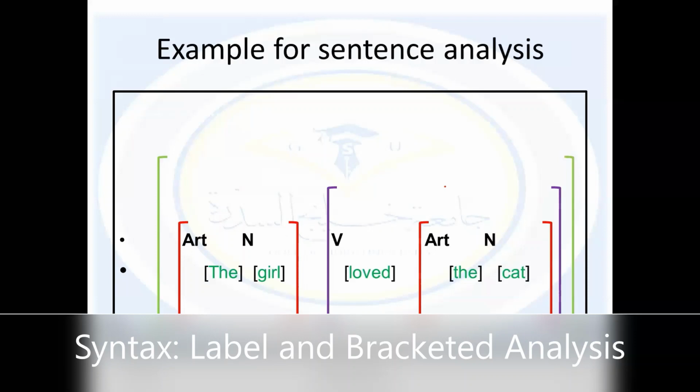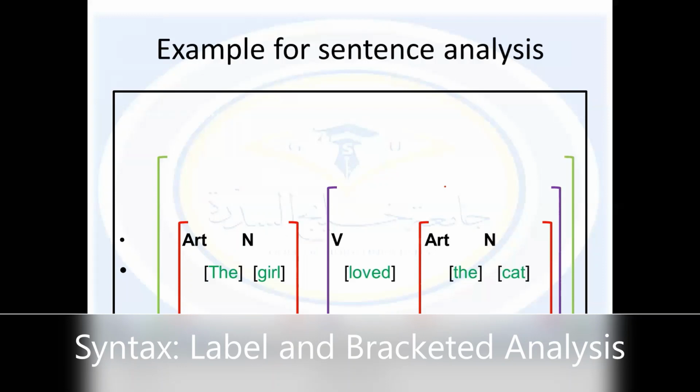So think of some similar combinations here, some similar forms. Article plus noun before the verb, and article plus noun after the verb. Okay, so this is the first step, to make brackets around the words, and then to mention above the left bracket the label of each one of the words, the smallest unit, as we said.